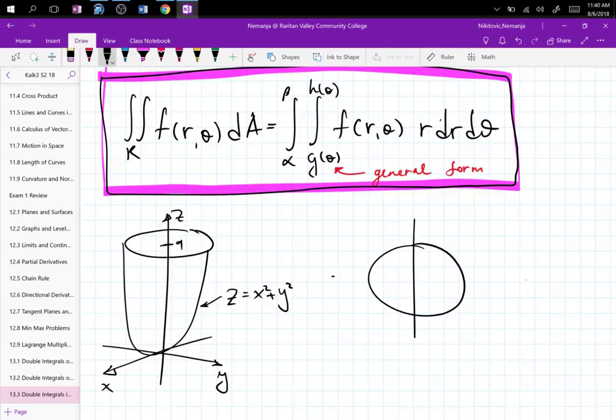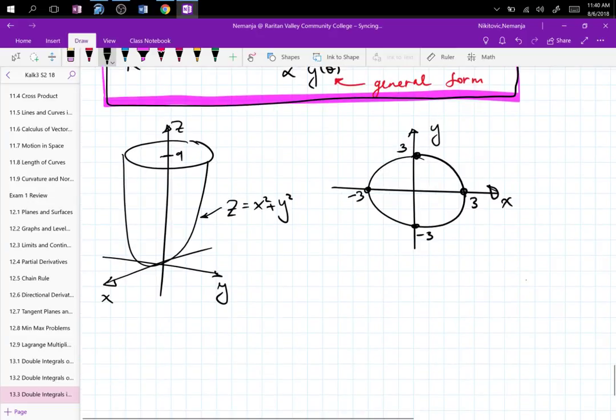So here's my domain, xy, and it goes out to 3. If you were to shine the light from the top on this object, it will go as far out as 3. We know the equation for something like this in polar coordinates is r equals 3.